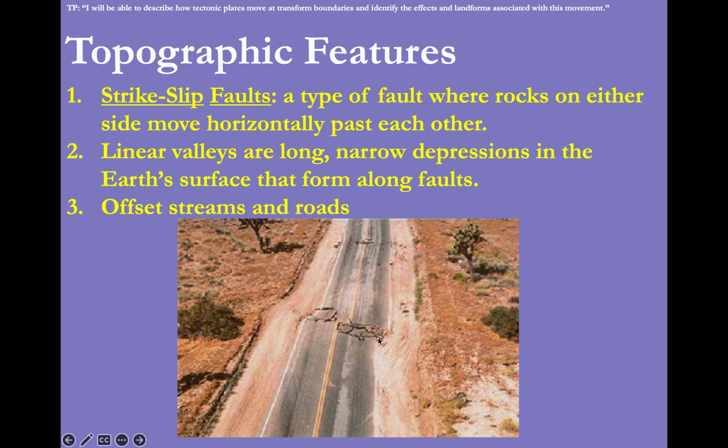But streams can do this too. If this was a stream, the streams can get offset and maybe create a new channel and new forms of erosion, perhaps. Maybe this is along mountain ranges. Maybe mountains can get offset.